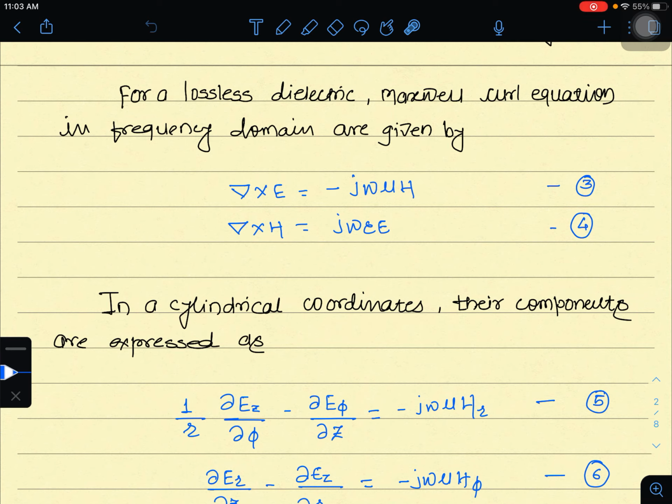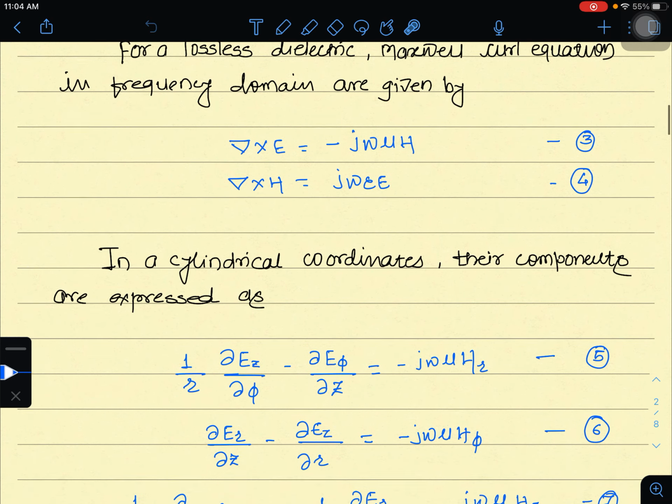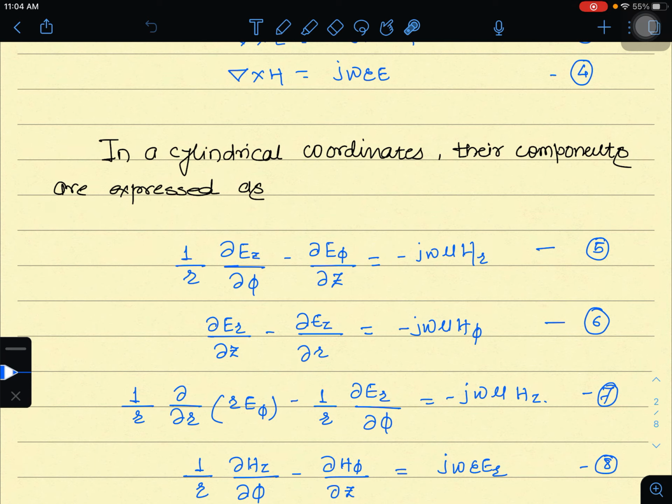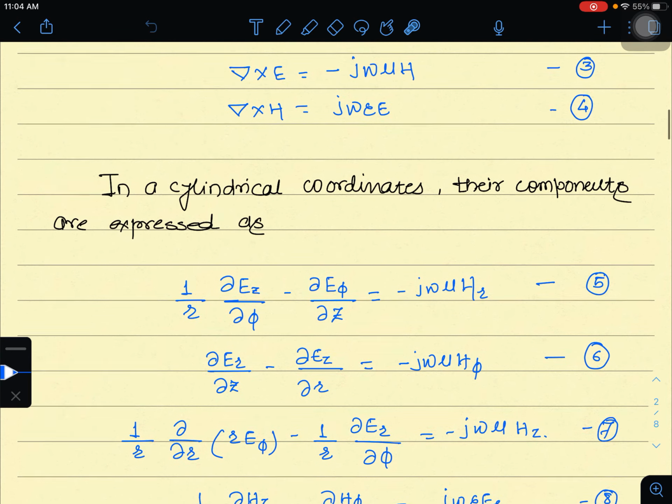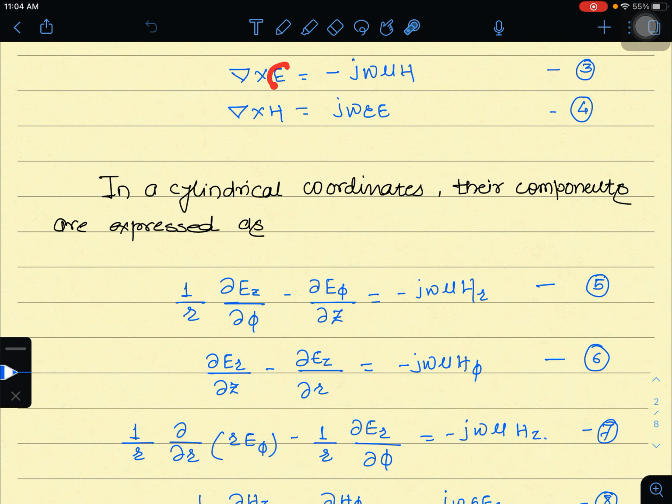They are expressed in terms of these equations: 1 by r dou Ez by dou phi, minus dou E phi by dou z, and so on. This is in the form of the TE mode.